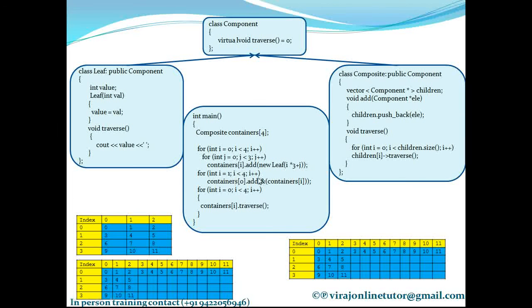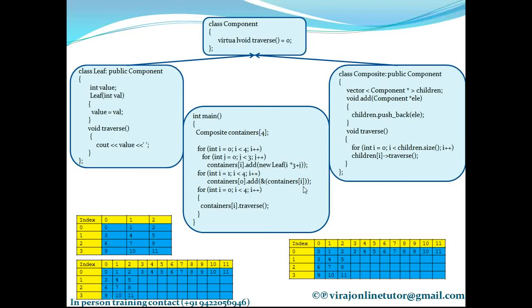Then what do I do next? For loop i is equal to 1 to i is less than 4. So i is 1 to 3. For i equal to 1 to 3, what do I do? I go to containers of 0. Containers of 0 meaning this particular container only. And I am calling add, and what do I add? I add a composite object.